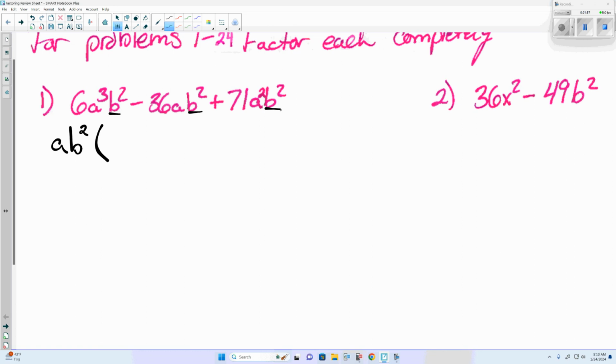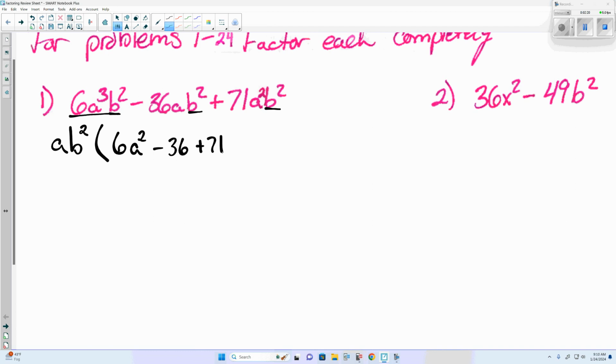just a single a. Now, if we factor ab squared out of the first term, we still have 6. A cubed becomes a squared, and the b squared factors out completely. Minus 36. A factors out completely here, and b squared, so we're just left with minus 36 plus 71.